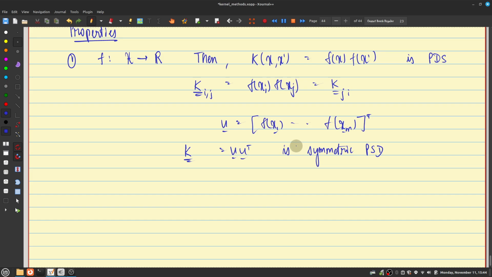The other way is, it's symmetric PSD, so the maximum over all x with norm 1 of x transpose Kx is equal to the eigenvalue. You can verify that this is maximized when you take x to be u by norm u, because it's just u transpose x the whole squared.